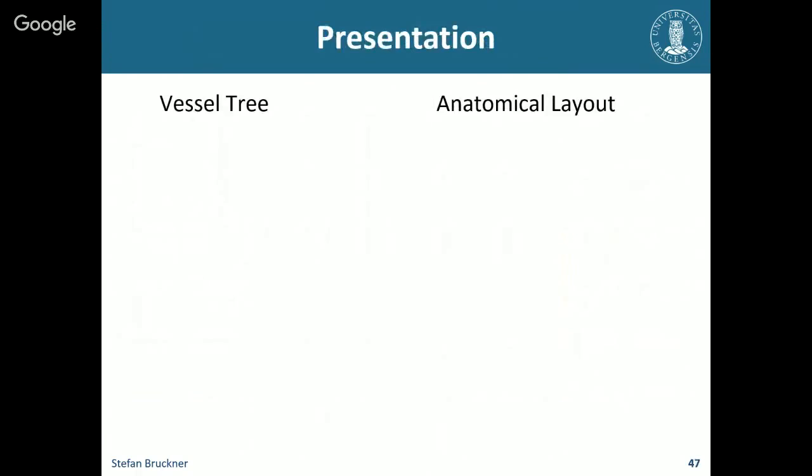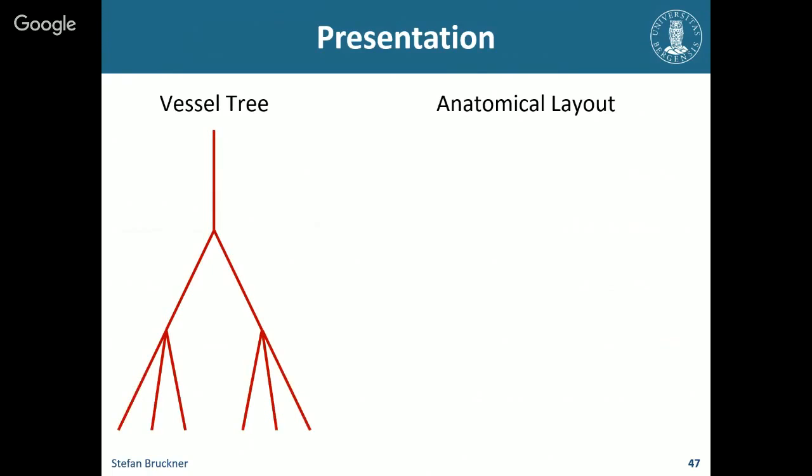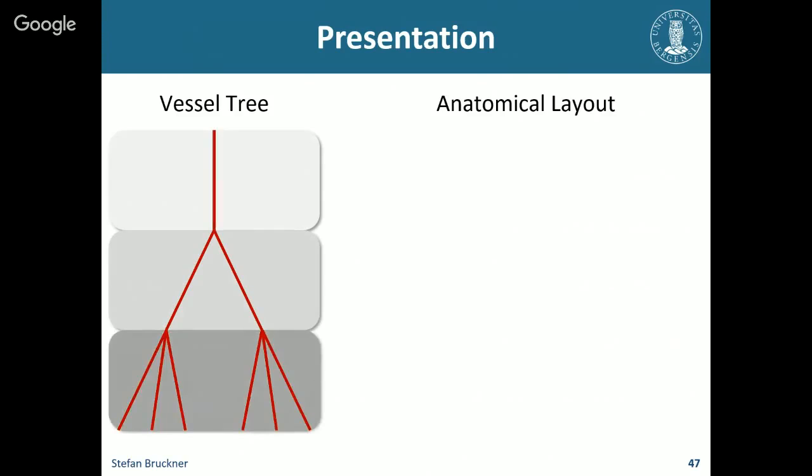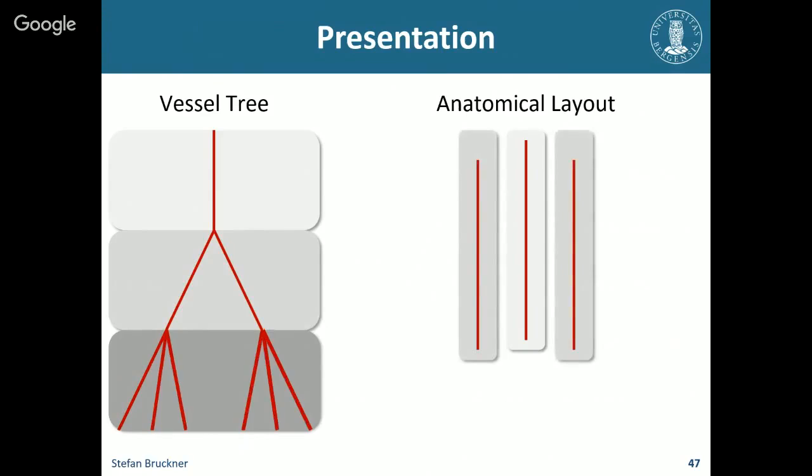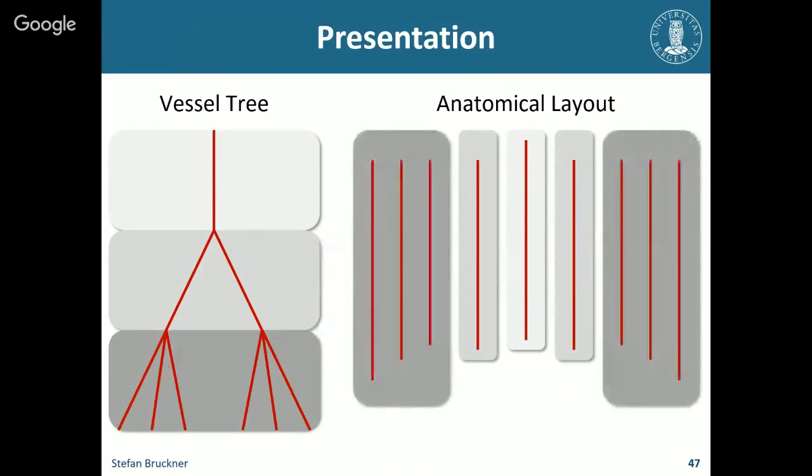Now, just a quick view of how this looks in an actual application. Of course, there's not just one blood vessel, but a whole vessel tree. We can lay out this tree on screen according to the anatomy in a well-defined system, and also include what is called a transition margin.